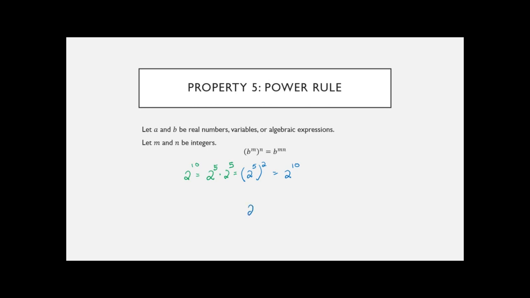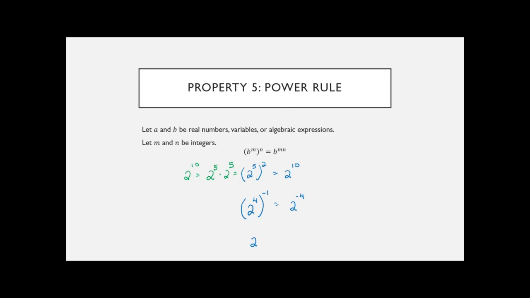This works if you have a negative exponent. So if I have 2 to the 4 to the power of -1, you multiply those exponents, you're going to get 2 to the -4.